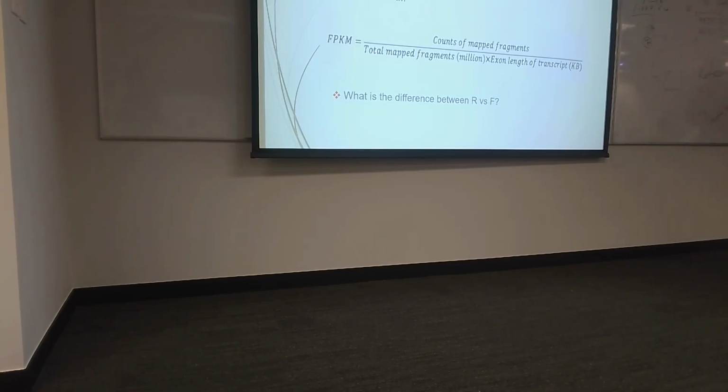So I already answered this question. The difference between R and F: R means reads, F means fragment. So fragments means we can use two reads to estimate the fragments, and then using the reads to directly calculate the expression level. It's slightly different, but they are very similar to each other. Okay.